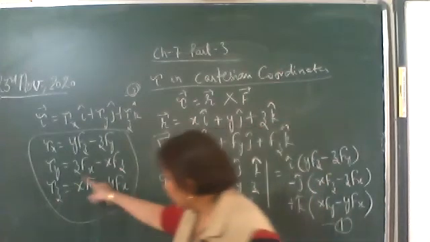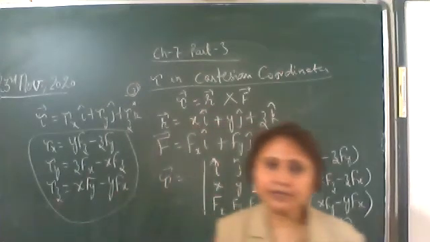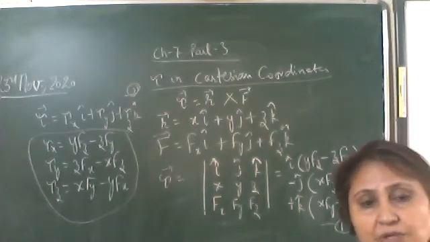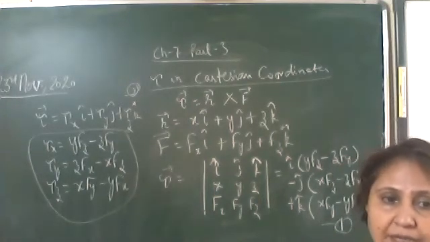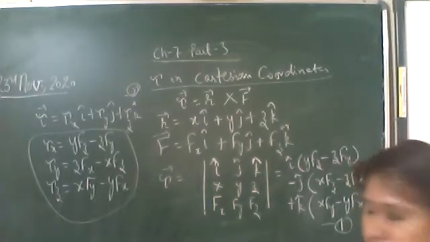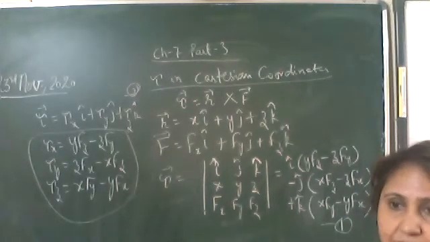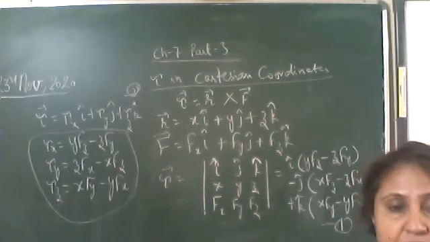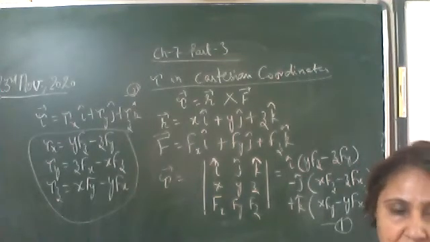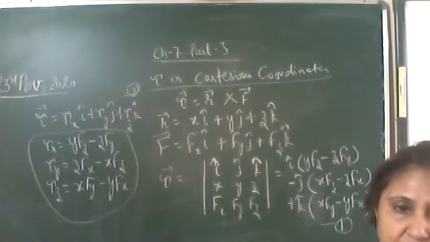As it is the cross product, we know that tau will be perpendicular to the plane containing r and f vectors. So if they are in the XY plane, tau will be acting along z axis. Okay, so note it down. Tau vector is perpendicular to the plane containing r and f vectors.